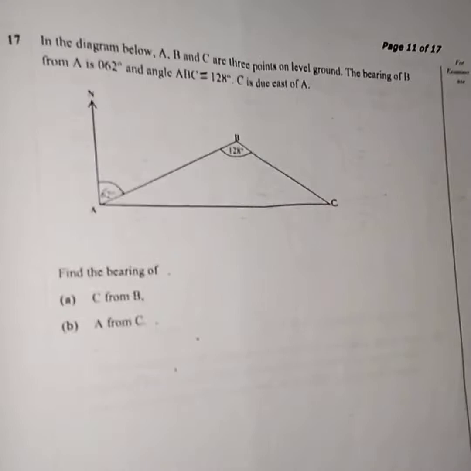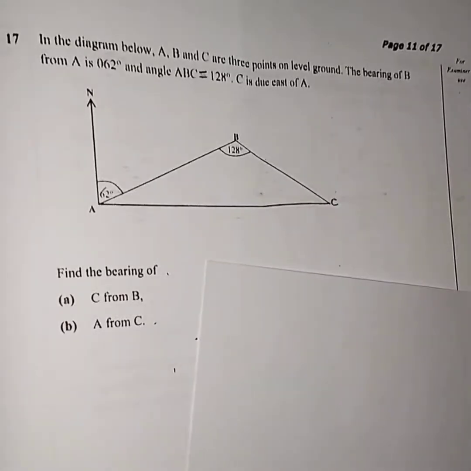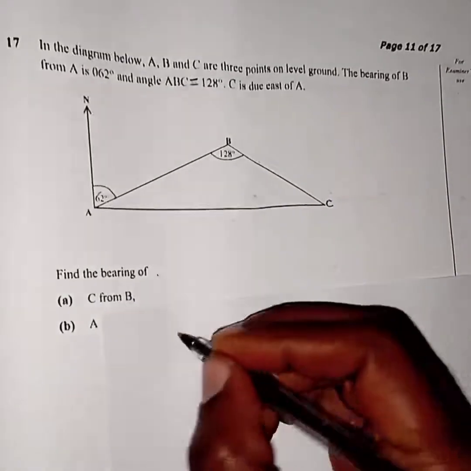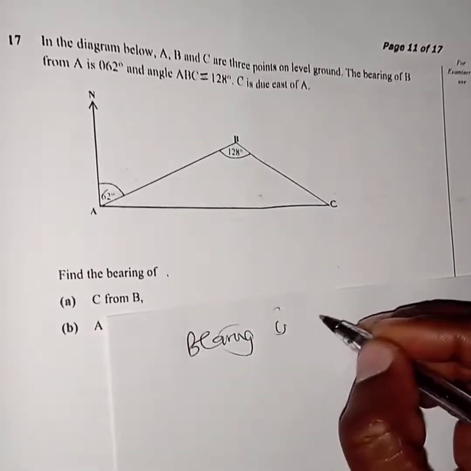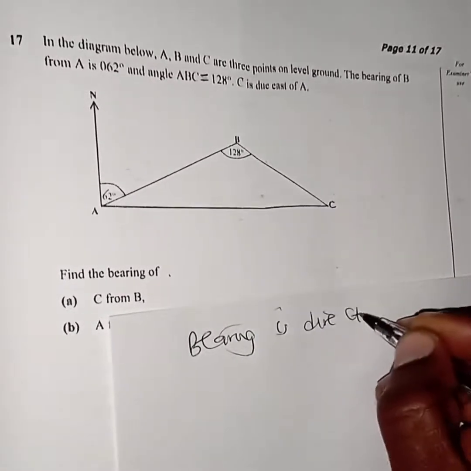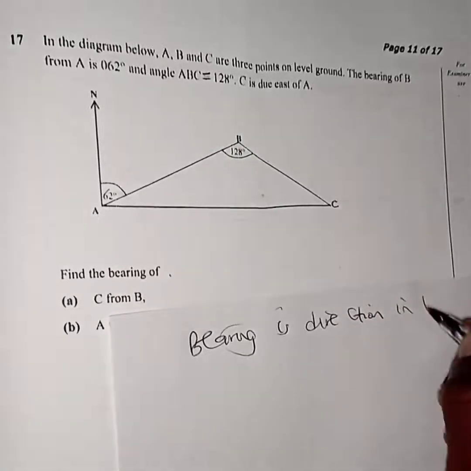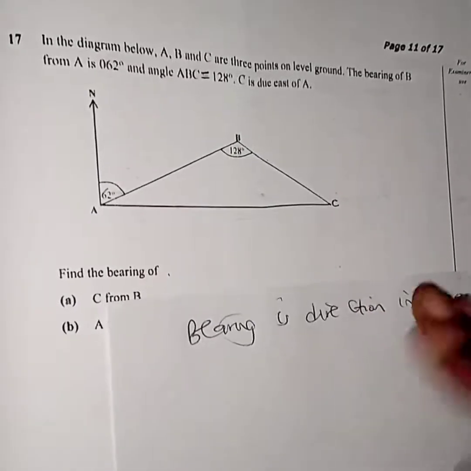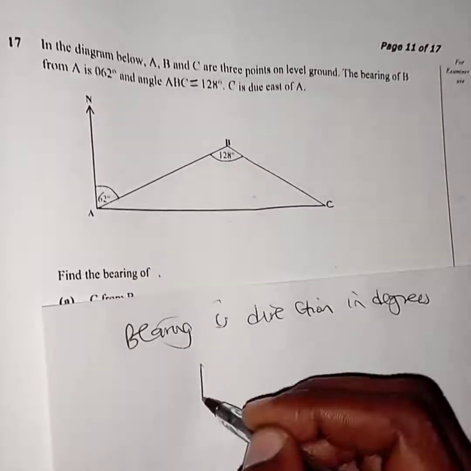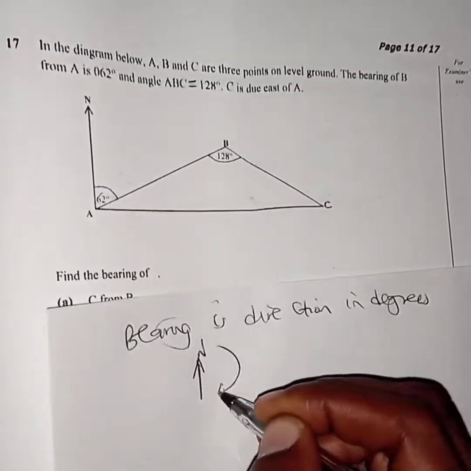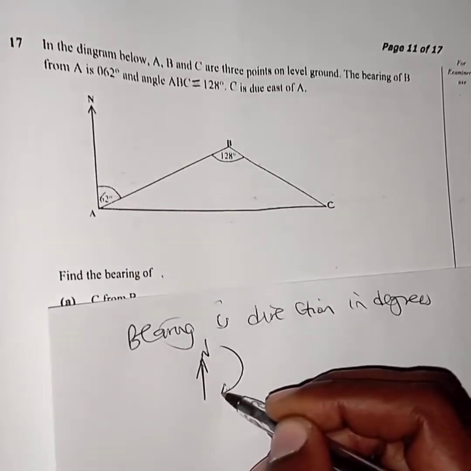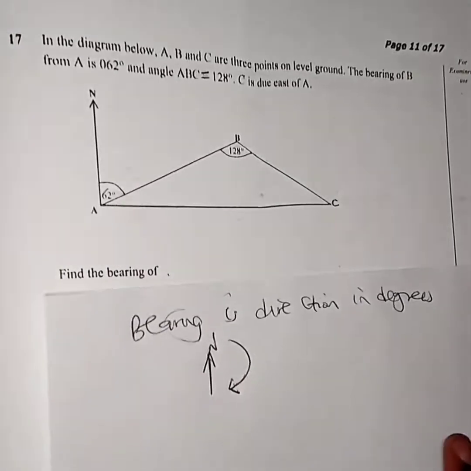So take note that bearing is direction in degrees. Always we start from the true north going in a clockwise direction. Always.